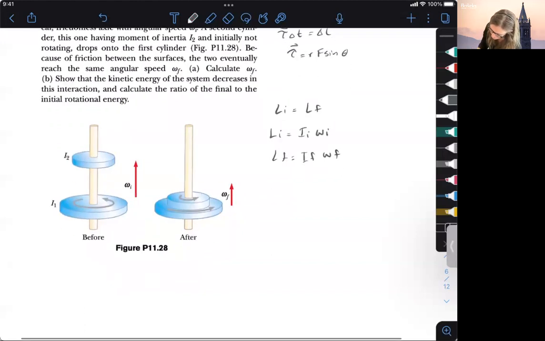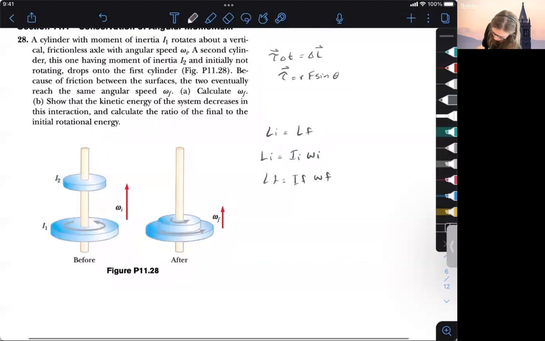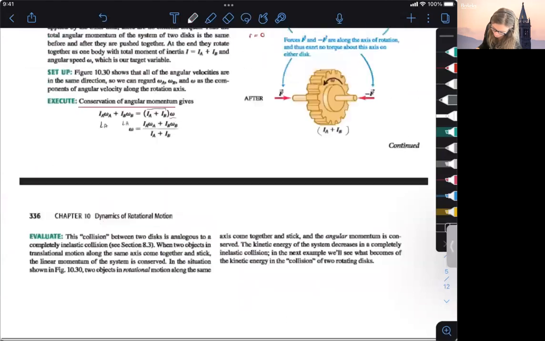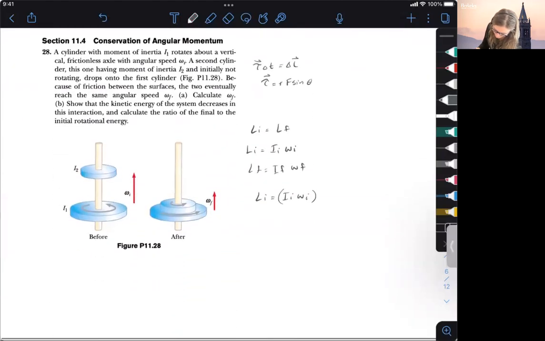Well, so let's see here. For the first system, we have L initial. From what we saw up here, we were adding them together, right? L1 plus L2 is equal to I1 plus I2 times some shared W, right?